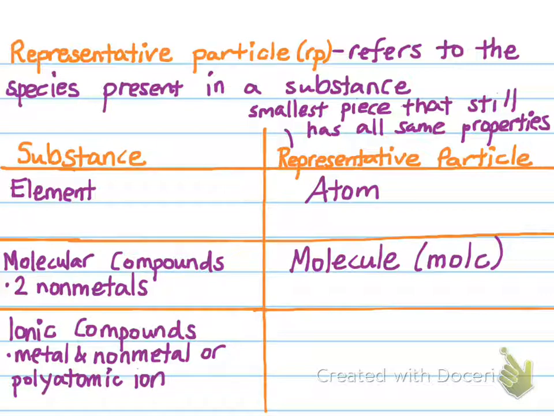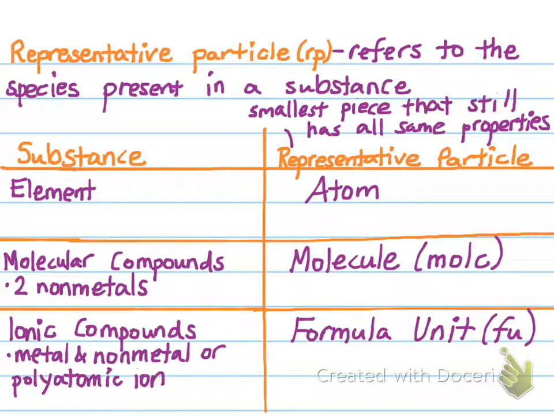And again, if I have a big chunk of ionic compound and I want to chop it up into smaller pieces so that all of those pieces still have the same properties as that ionic compound, that smallest piece I'm going to chop it up into is called a formula unit. And remember, our abbreviation for this one was everyone's favorite because it was an FU.